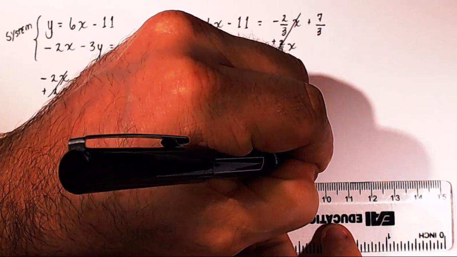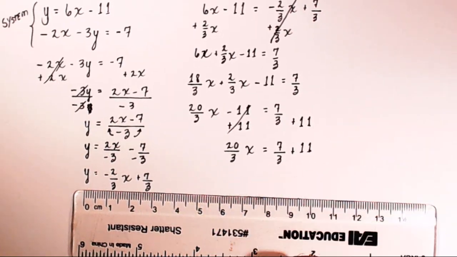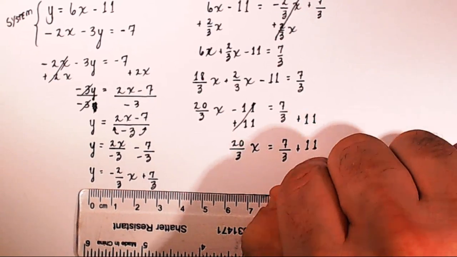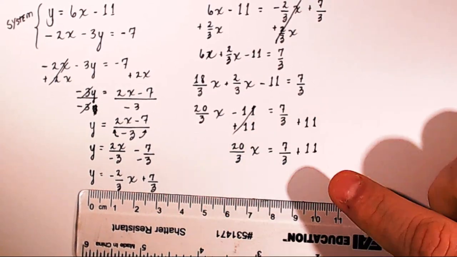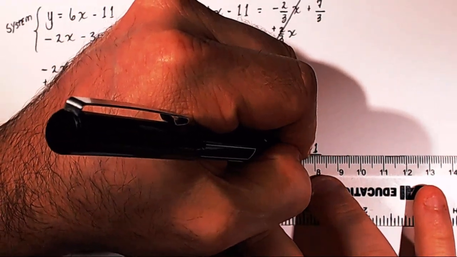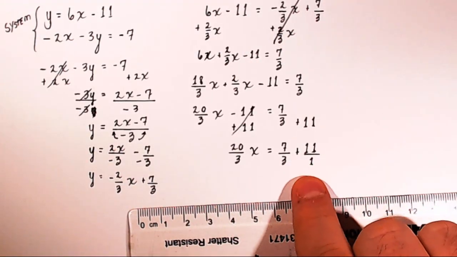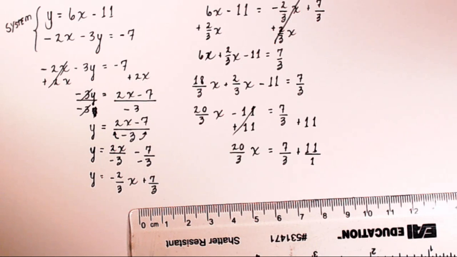plus 11. Again, we have the problem on the right where we can't add 7/3 to 11 until we have a common denominator. Because right now, this is really 11/1. I can't add uncommon denominators. So I've got to find a common denominator.